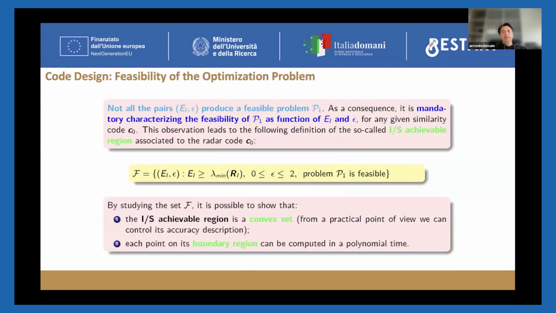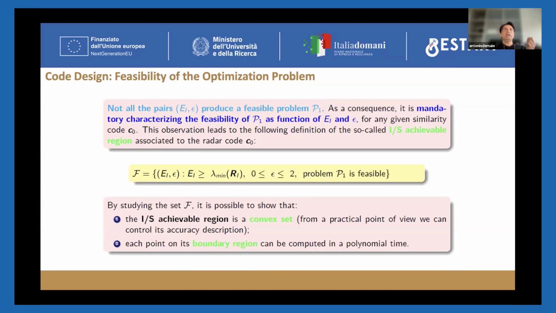Well, before proceeding further, it is worth pointing out that the similarity and the spectral constraints are in general competing requirements. In other words, not all the pairs E_I and epsilon lead to a feasible waveform design problem. As a consequence, it is fundamental to characterize the feasibility of the problem P1 as a function of E_I and epsilon for any similarity waveform C0.